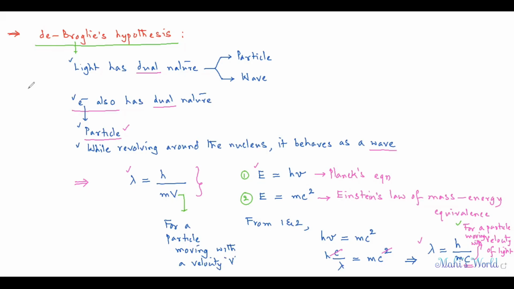So according to de Broglie, lambda is equal to h by mv, where of course this lambda is the wavelength of electron, h as usual is Planck's constant, m of course is the mass of the particle.